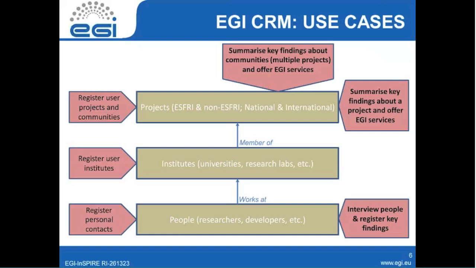These projects obviously have member institutes in them, and those member institutes have key people who are the contact persons, the technical people typically, who can understand distributed computing and data services, and who are the right people for us to talk to about EGI offerings and configuring EGI services for their benefit.